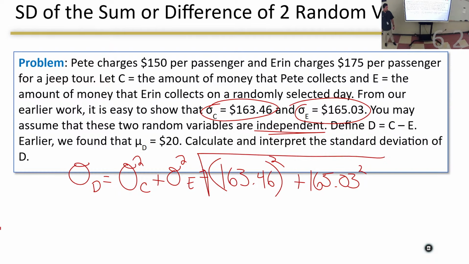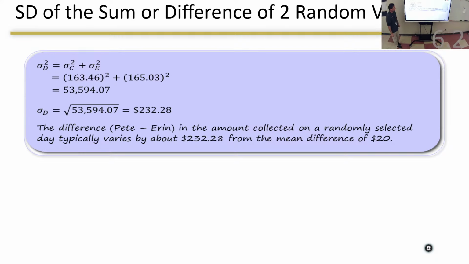So you go to your calculator and enter 163.46 squared plus 165.03 squared to the 1/2 power, or take the square root, whatever you need to do. Remember, this is the sum of the variances, that's why we have to take the square root. That's $53,500. There's no way the variance is $53,000 if the difference is $20. However, the standard deviation is $232.